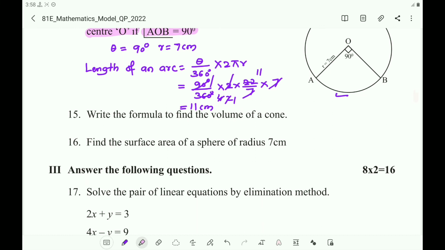Next question, 15th question. Write the formula to find the volume of a cone. You must know the formula here.